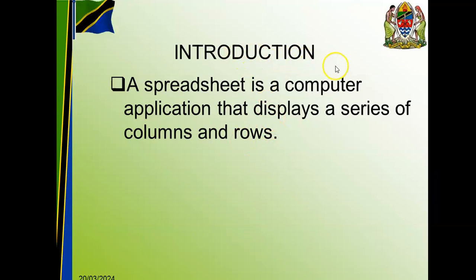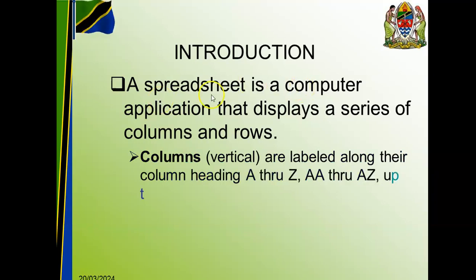So Spreadsheet is a computer application that displays a series of columns and rows. That is a spreadsheet. Okay, where columns are labeled along their column headers from A to Z and so on. So columns are represented by letters from A up to Z.